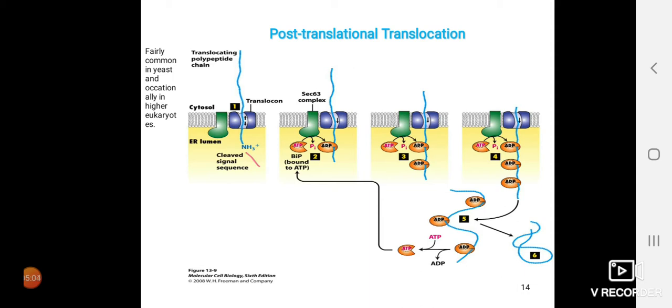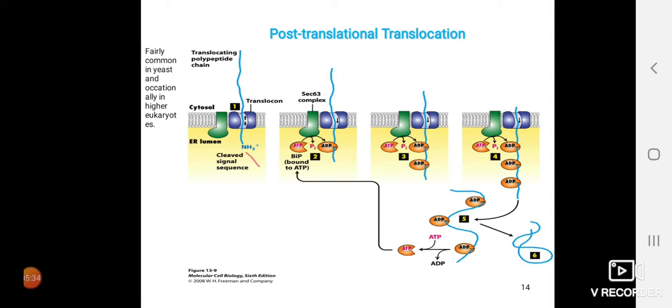These chaperonins move the polypeptide chain into the lumen of the endoplasmic reticulum with the help of a signal sequence. Any of these polypeptides carry an N-terminal sequence of amino acids, which specifies that this polypeptide chain is destined to travel into the endoplasmic reticulum.